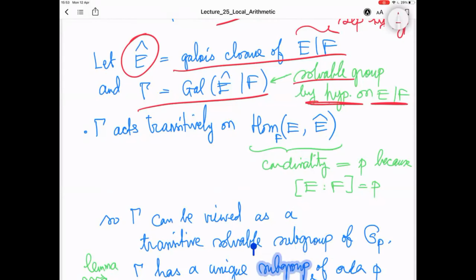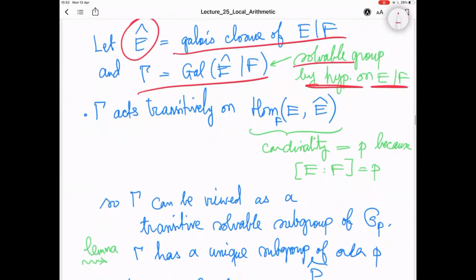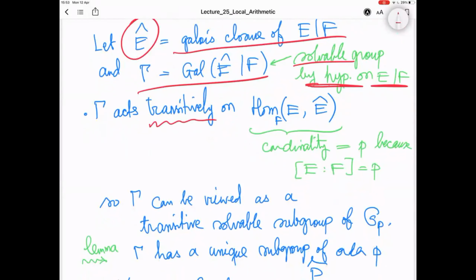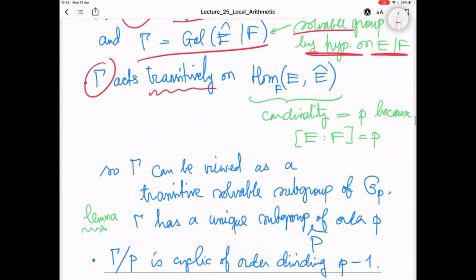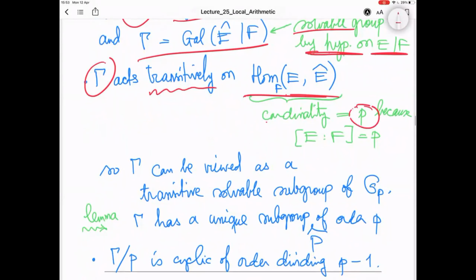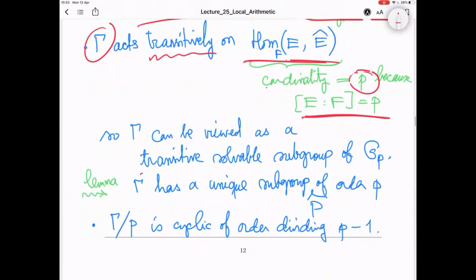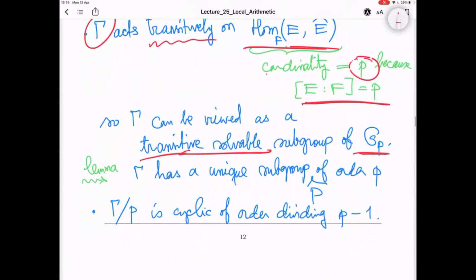But it's also a transitive group. Why is it transitive? Because a Galois group is always transitive in some sense. It acts transitively on the set of all embeddings of E inside E hat, and there are P such embeddings because this degree is equal to P. And therefore, this gamma can be viewed as a transitive solvable subgroup of S_P, the symmetric group.